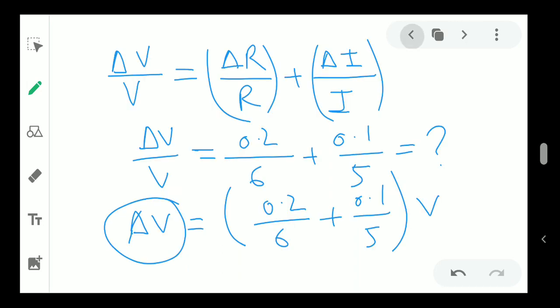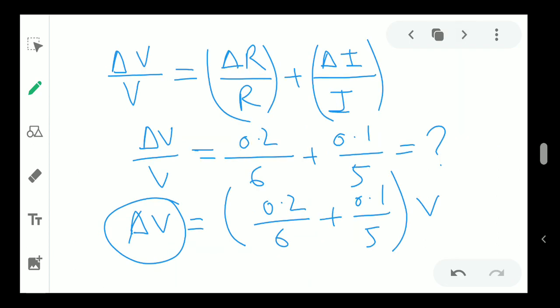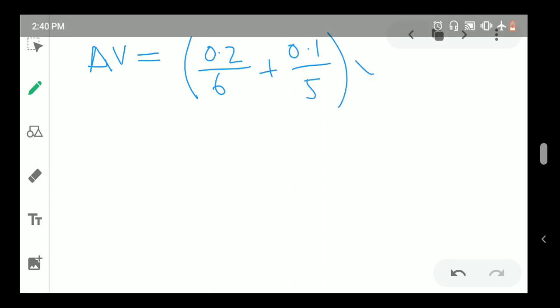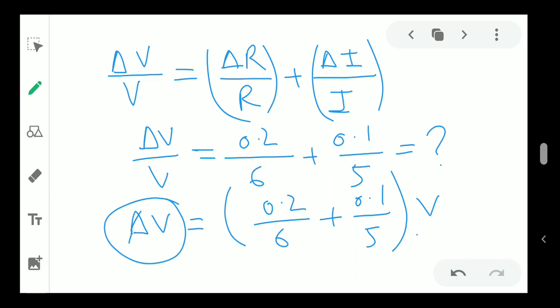you will automatically get the absolute value. The V value will be I into R, that is 5 times 6 is 30. So the value of V is 30. Ultimately your delta V is equal to 0.2 by 6 plus 0.1 by 5, into 30, because my V is IR, right?